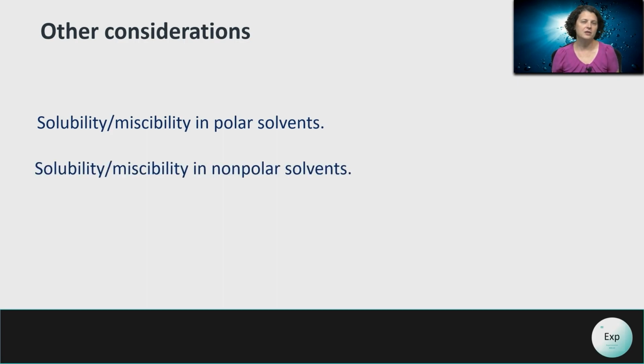Another consideration, especially for the organic chemistry lab, is the testing with a nonpolar solvent. In general chemistry, this likely involves oil, but in organic chemistry, it could involve hexane or other kinds of nonpolar solvents. If your substance is soluble or miscible with these nonpolar solvents, then you can consider it nonpolar as well.